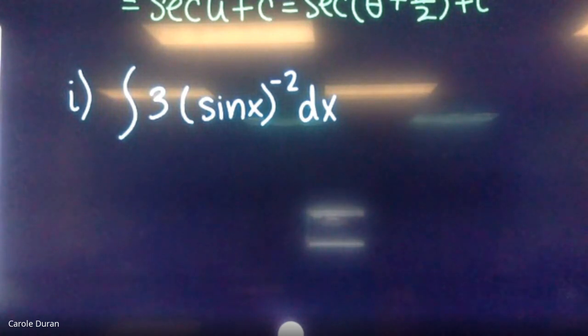Anywho, I have the integral of 3 times the quantity sine of x to the negative 2 power dx. What am I going to do? I'm going to show you something a little bit different because it's going to be fun.